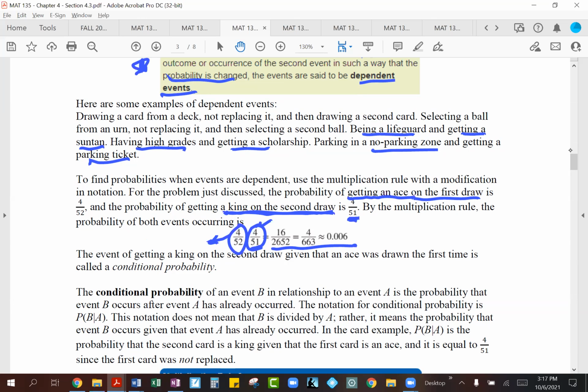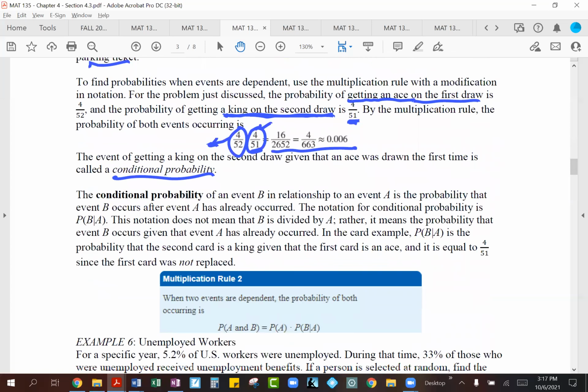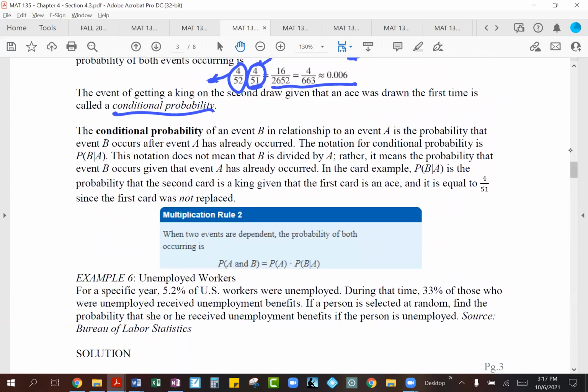So they're saying the event of getting a king on the second draw, given that an ace was drawn the first time, is what we call a conditional probability. And they actually go through a little more description over here for the conditional probability, but you will see when we talk about calculating probability for dependent events, see how that formula changes a little bit.